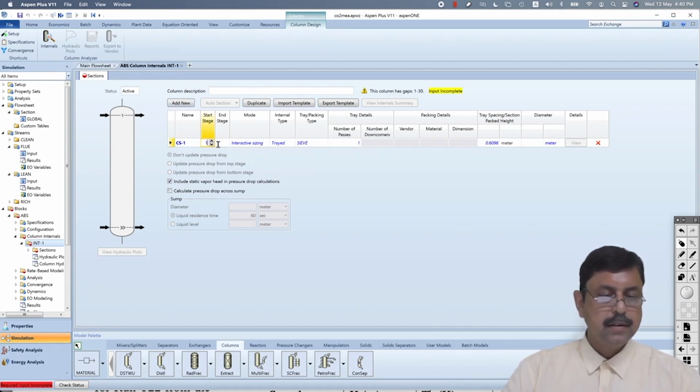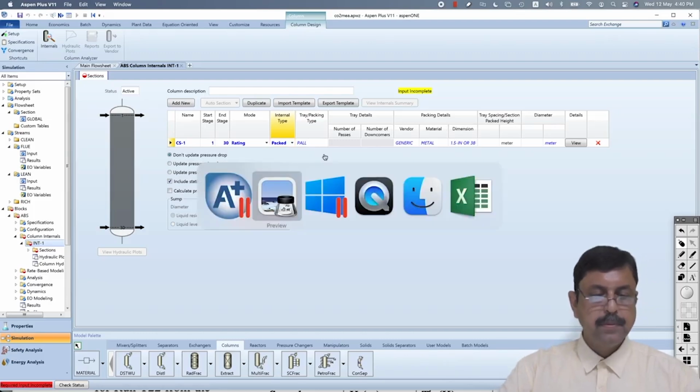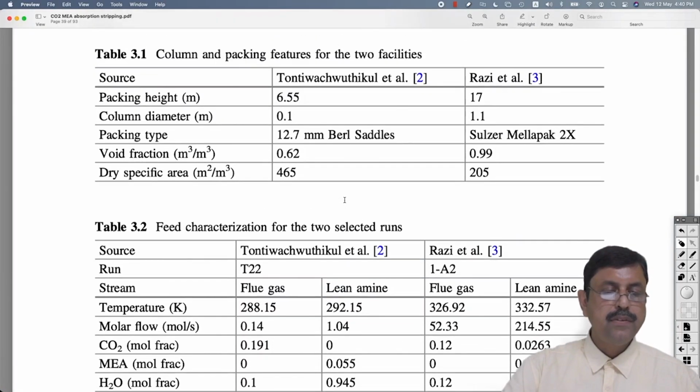It begins at stage 1, ends at 30. The sizing will be rate based. It will be a packed column. Packing type: information has been given.